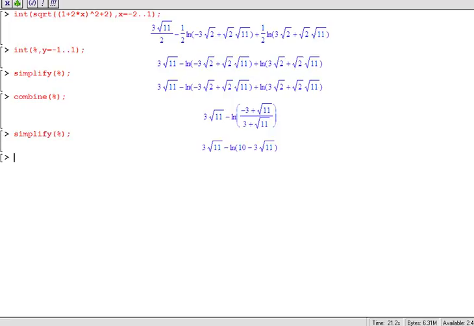Okay, and there's our exact answer. For number 18 it says find the exact area of the surface. So if you wanted to approximate it, you would evaluate that. It's about 12.913.